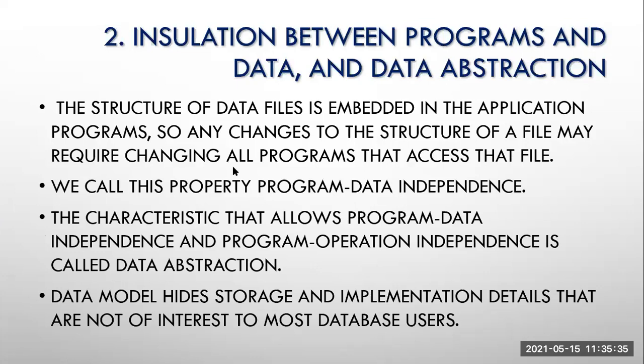Let us look at it first. In traditional file processing, the structure of the data files is embedded in the application programs, so any change to the structure of a file may require changing all the programs that access that file. Okay, kind of difficult. You have not understood. Now, let me give an example for you. Just a minute. Okay.